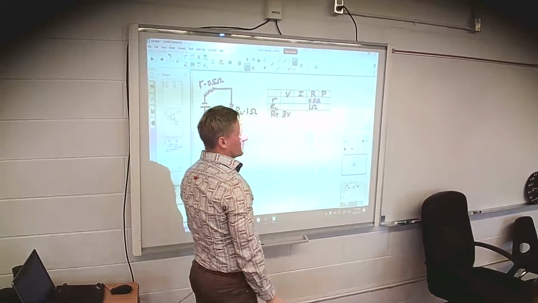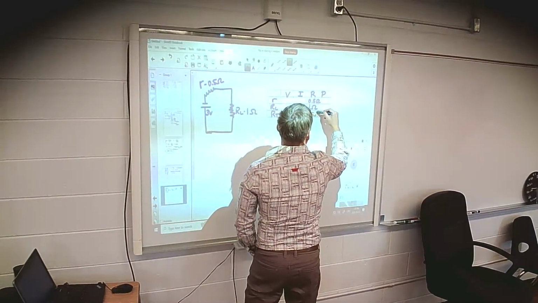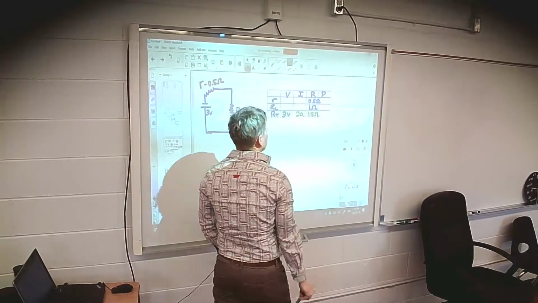What does that make the total ohms? Total ohms, 1.5 ohms, which makes the current 2 amps, right?